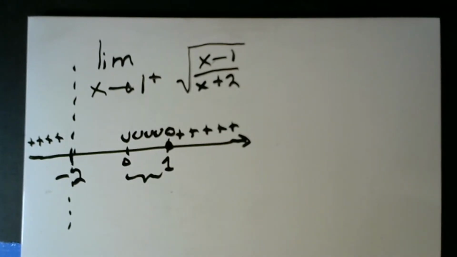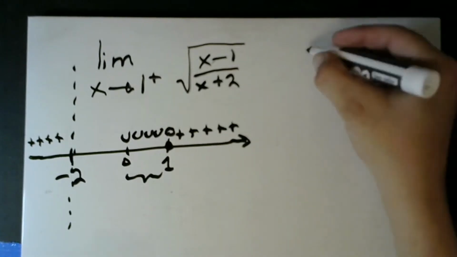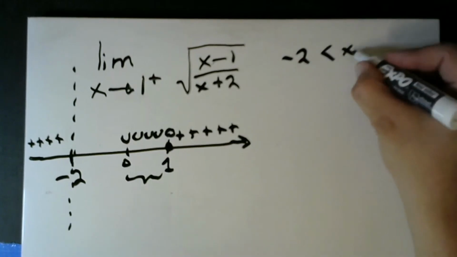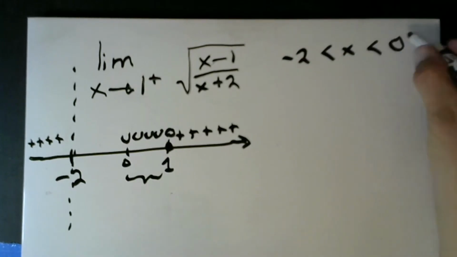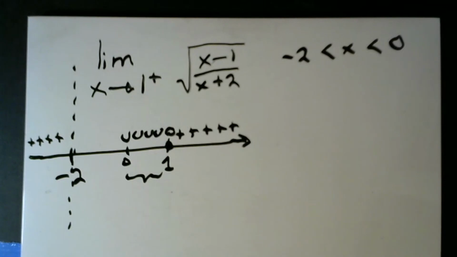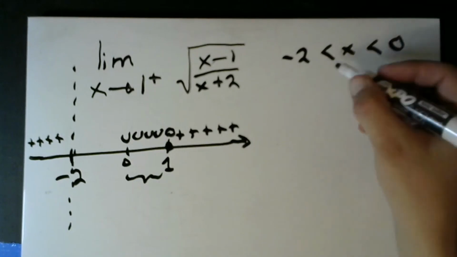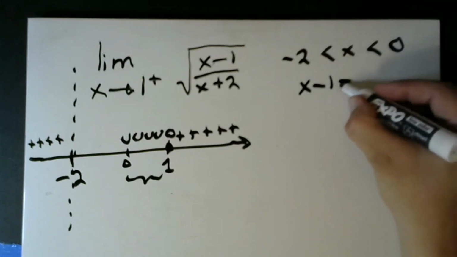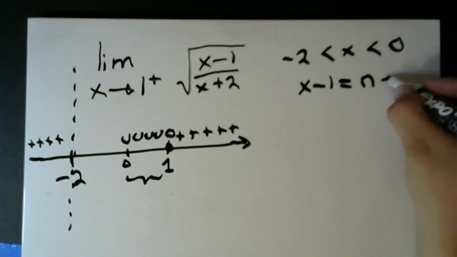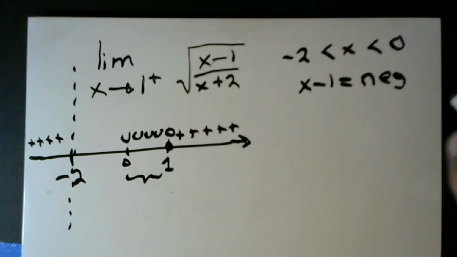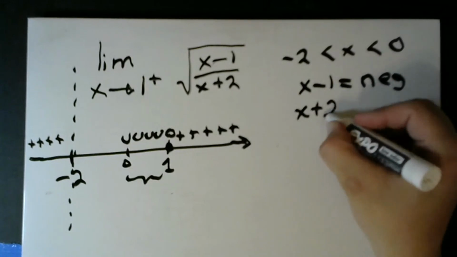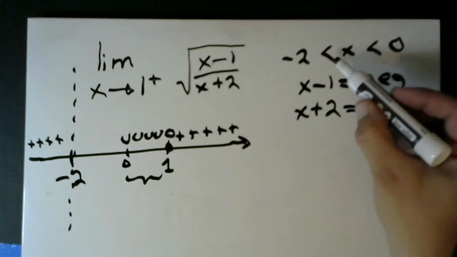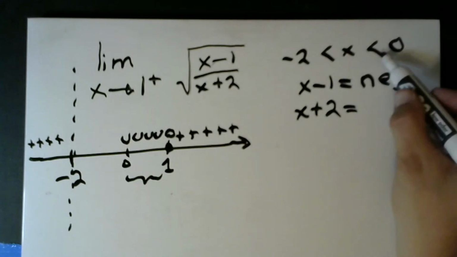So let's now consider x between -2 and 0. Well, in this case, x is a negative number, so x minus 1 will be negative. X plus 2, well, x is a number that's between -2 and 0.